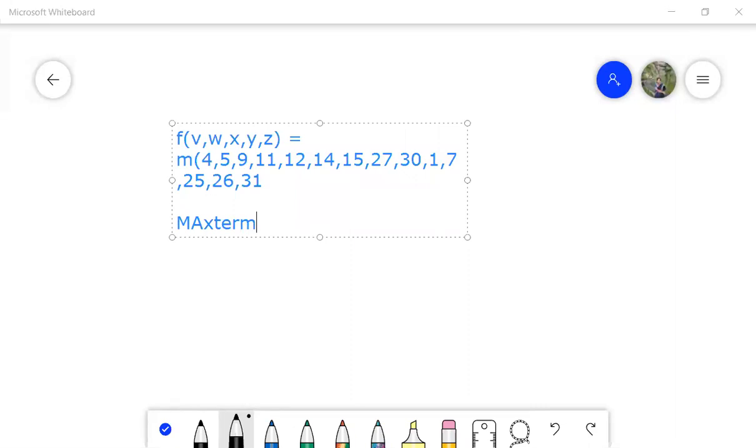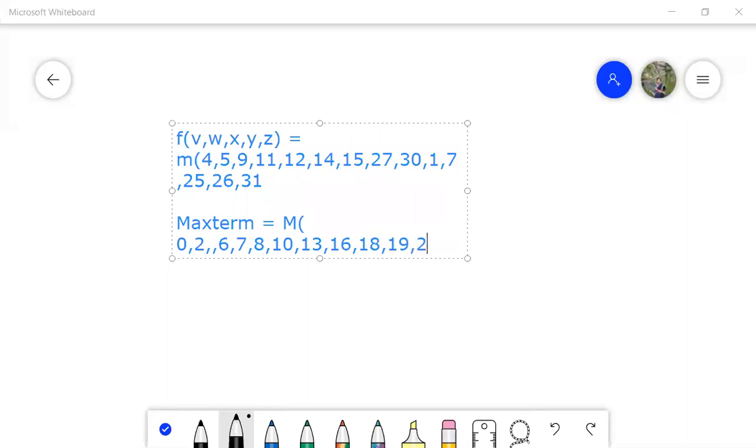Now I will give another question in max term format, or else you can plot the same question in min term and solve for zeros in the K-map. So if I take a max term, that will be pi m of 0, 2, 3, 6, 7, 8, 10, 13, 16, 18, 19, 20.